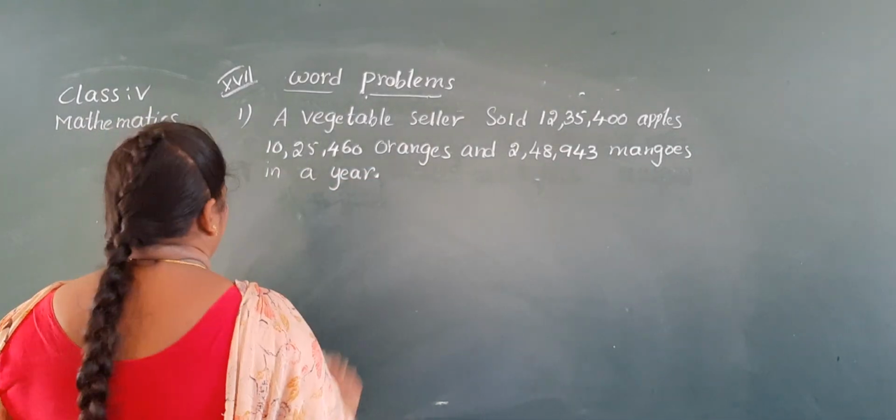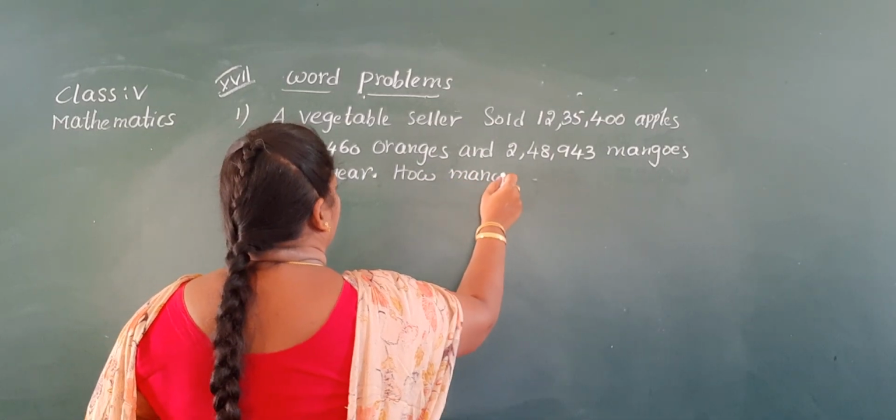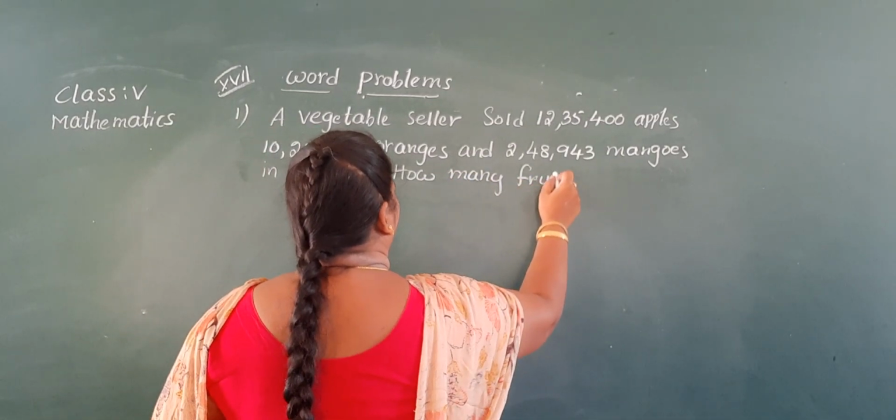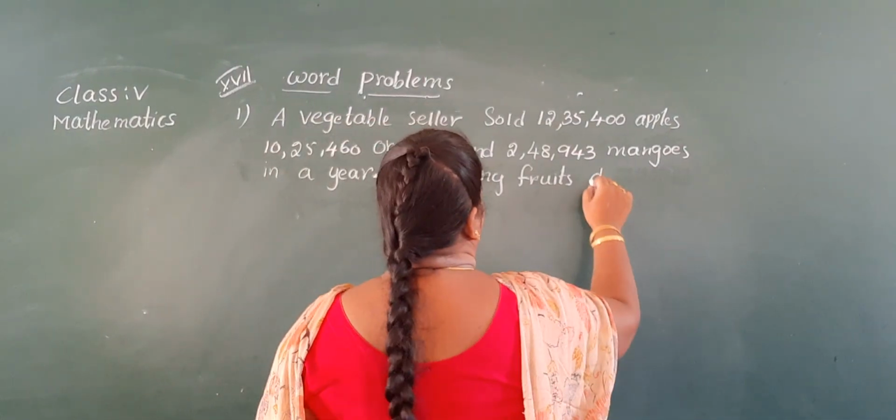How many fruits did he sell in all? How many fruits did he sell in all?